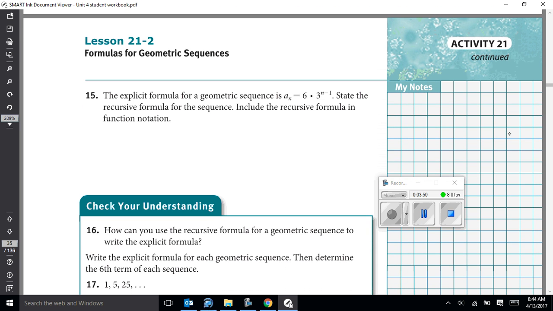So the explicit formula for a geometric sequence is a sub n equals 6 times 3 to the n minus 1. State the recursive formula for the sequence. Include the recursive formula in function notation. So what would be the formula written in function notation?